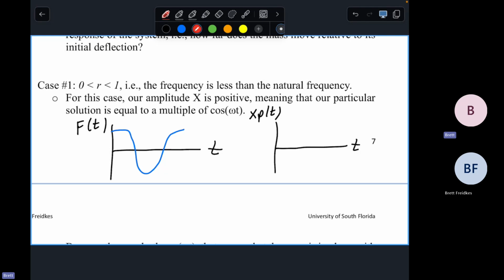When the force is low, the mass is low. So it'll have a different amplitude based on x, but it'll be directly in phase with it. What is the value of the phase then if they're in phase? 0, right? That makes sense? 0.